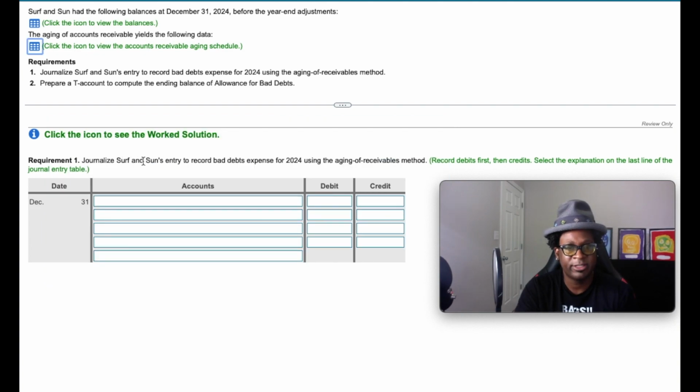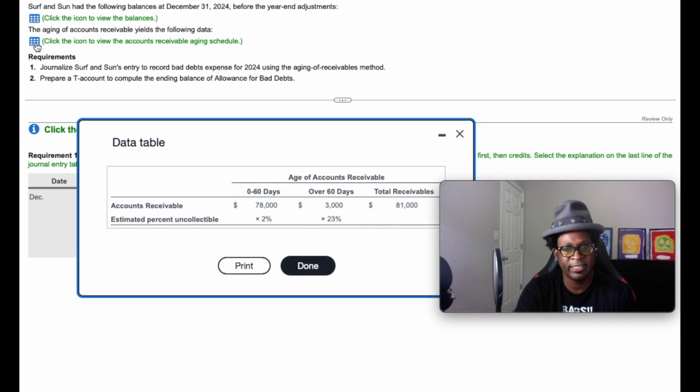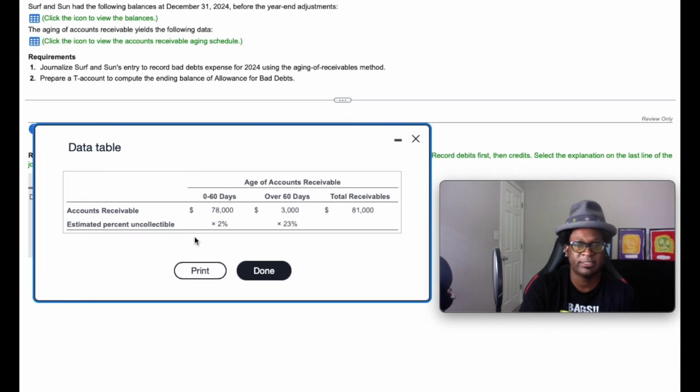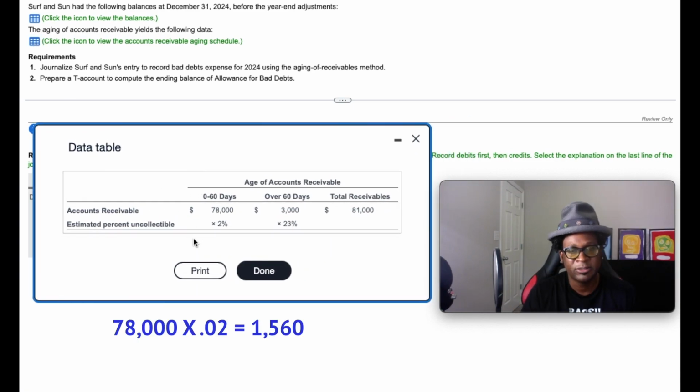It says to journalize Surf and Sun's entry to record bad debt expense for the period using the aging of receivables method. So we're going to go back to that table and do the calculation, gang. If we multiply 2% times $78,000, that gives us $1,560 of uncollectability for the period of 0 to 60 days.